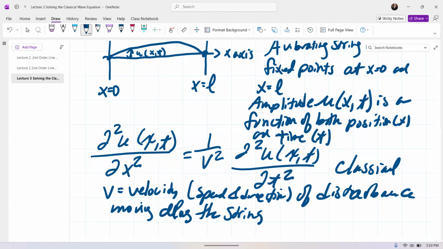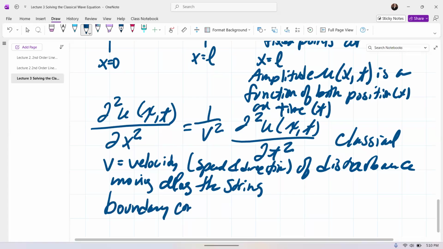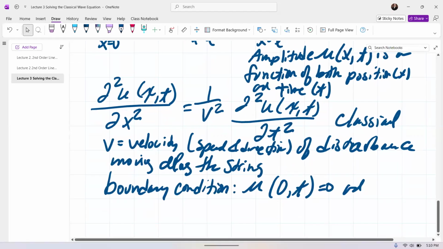And the boundary conditions, as we've mentioned, these are the bounds, right? Do you remember we talked about boundary conditions last time and how to use those? Guess what's going to happen?